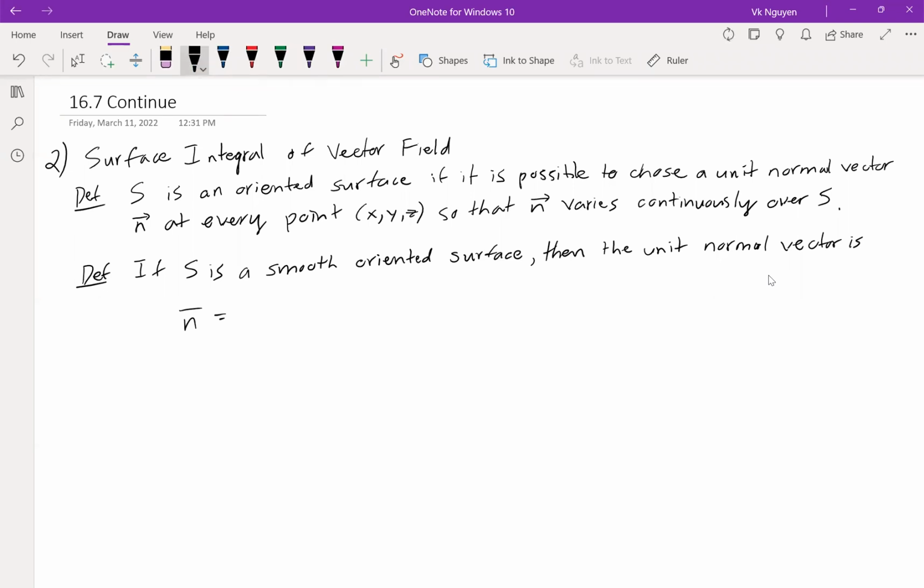It's the cross product of the two tangent vectors, r_u cross r_v, and then we want to divide this by the magnitude of this normal vector to get a unit normal vector. Okay. One more definition.